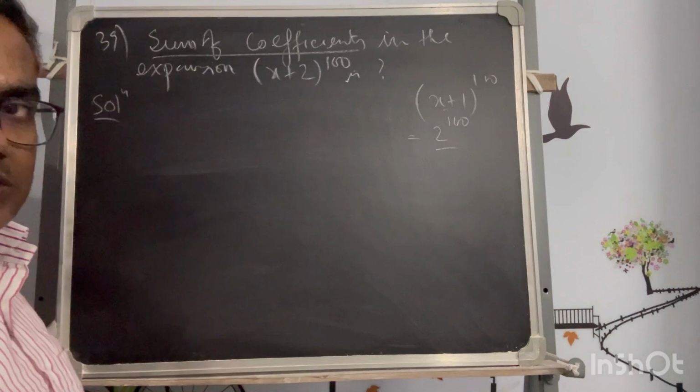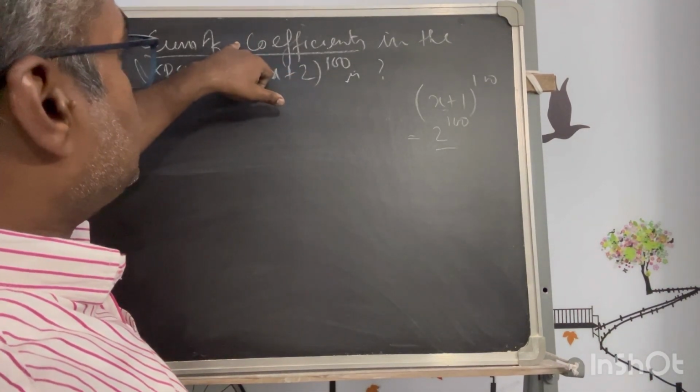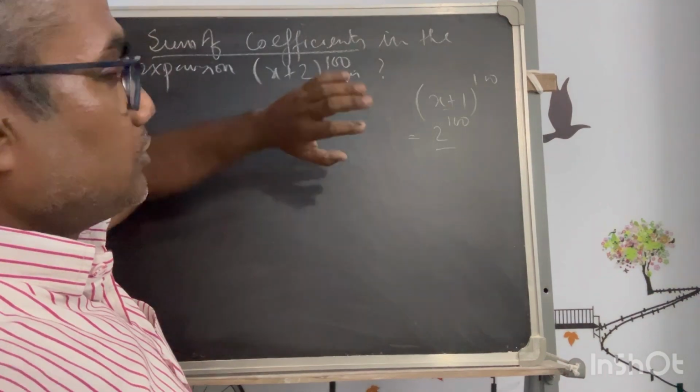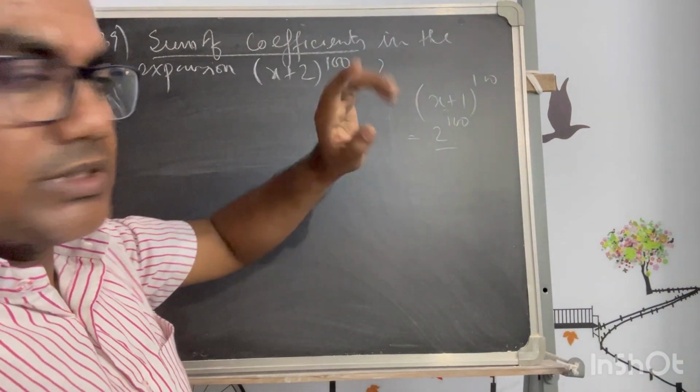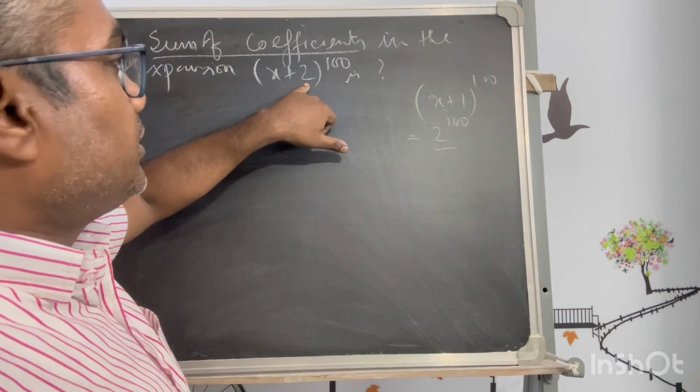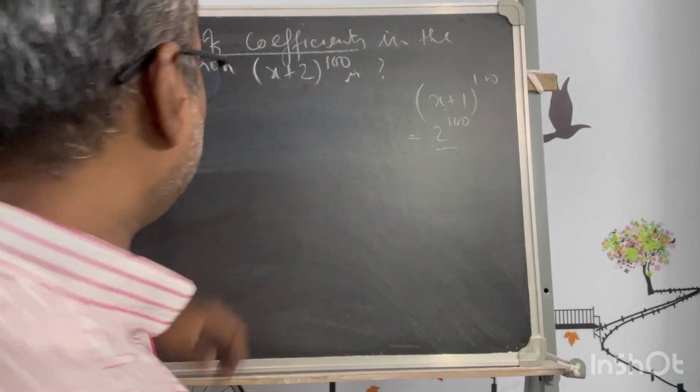This will be the case. Why not? Because the coefficients will be different from the binomial coefficients if the term is affected by any other constant. So here 2 is the constant, so no harm in it.